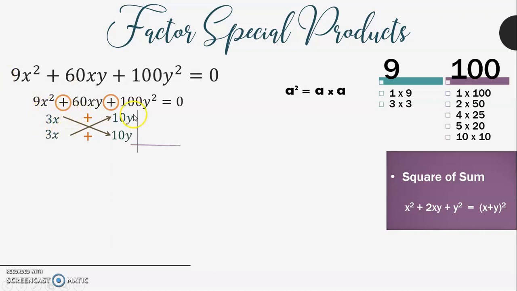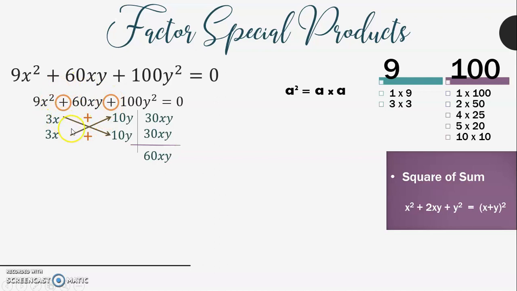My 3x with my 10y will give me 30xy. And I'll multiply my 3x times my 10y here, and it also gives me 30xy. Now, I add these two values and I'll have 60xy. Just the same answer I have in the center of the equation.